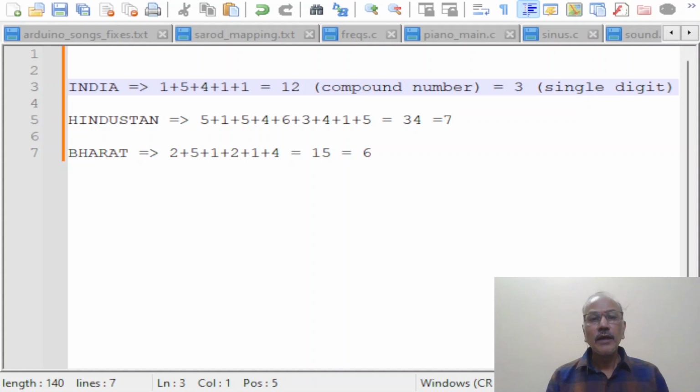Now, if we see the single digit, which is a 3, the 3 is a very nice digit number. It's very good if it comes for a person, because the 3 is represented by the planet Jupiter. Jupiter has the Karak Tattva, or the characteristics, of a teacher. That is why, if you see today, India is in the teaching mode.